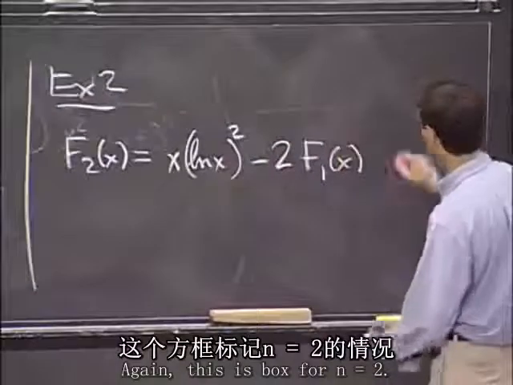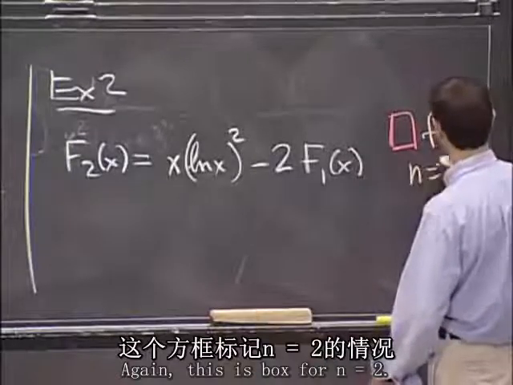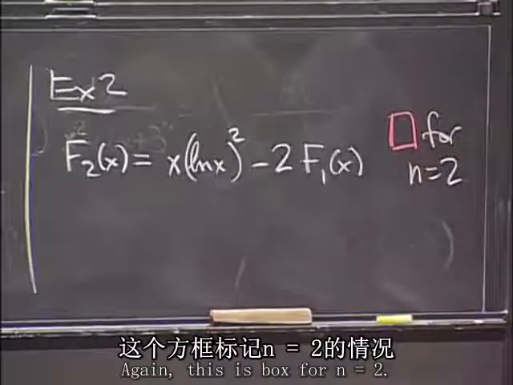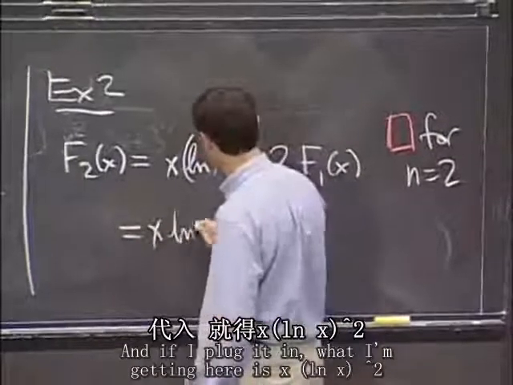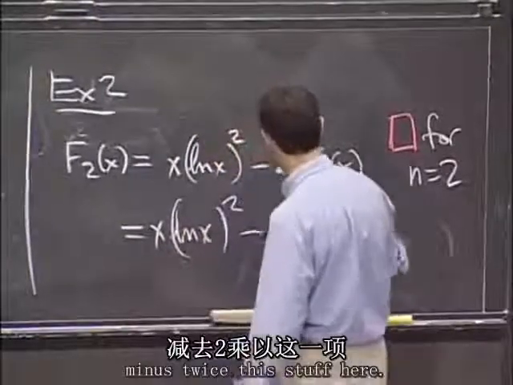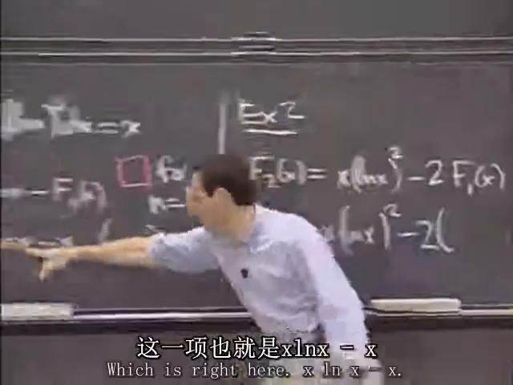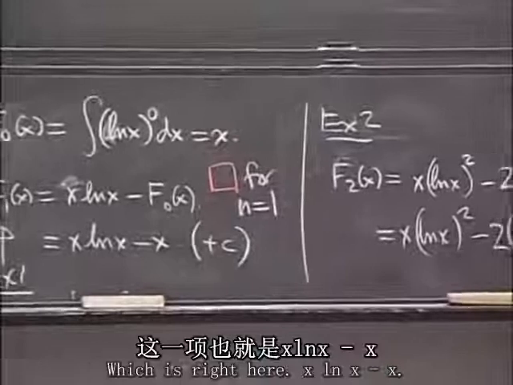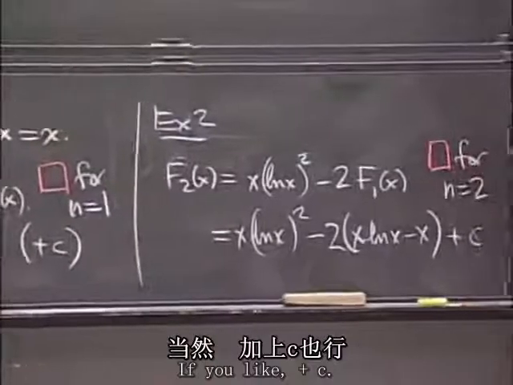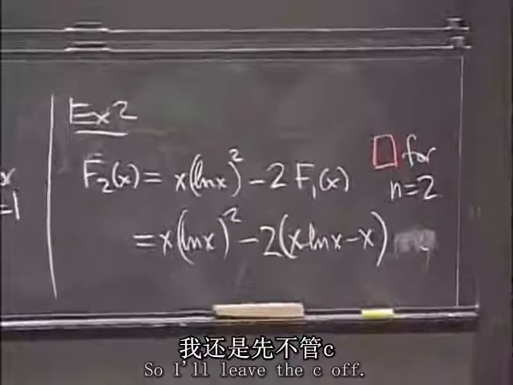Again, this is for n equals 2. And if I plug it in, what I'm getting here is x log x squared minus twice this stuff here, which is right here, x log x minus x, if you like, plus c. So I'll leave the c off.